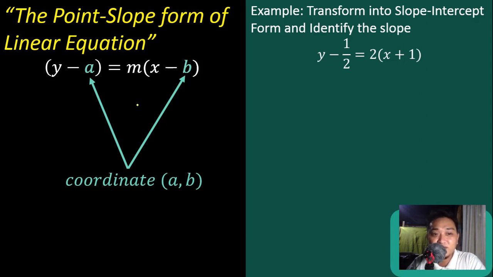In other books, lalo na sa mga analytic geometry po natin, this AB here is replaced by HK or KH.